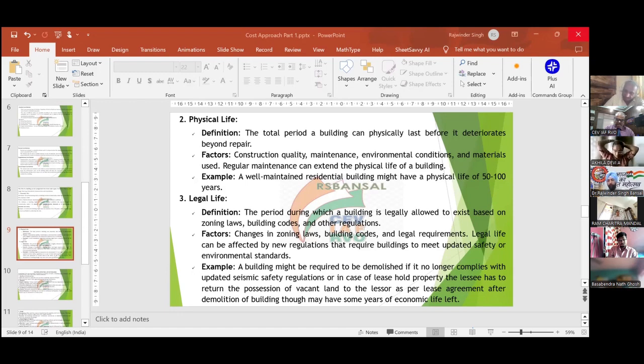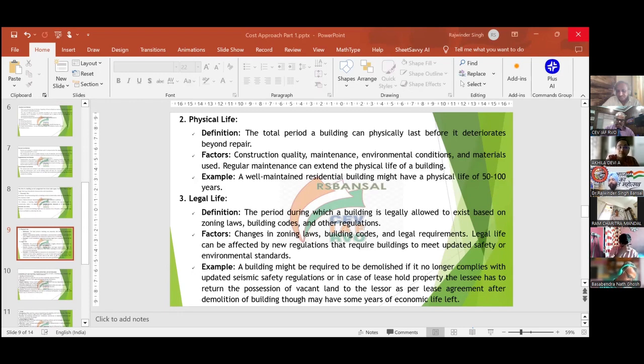Or in the case of leasehold property, when the lessee has to return the building to the lessor, or it is stipulated in the lease deed that the lessee will demolish the building and return the land back to the lessor, even though the building is still in a very good condition, but it has to be demolished. So we say that its legal life has come to an end.